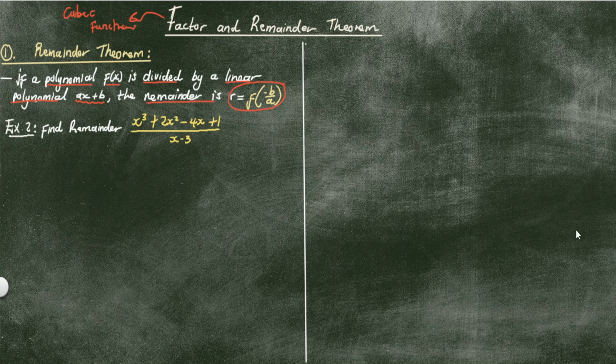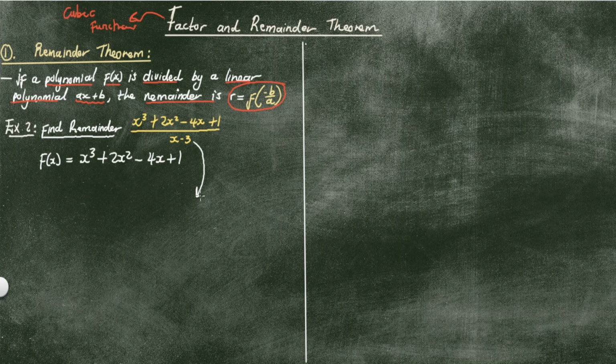Let's grab another example. So I have this example where you find the remainder for this. Alright, so there's f of x being divided by this linear polynomial. Find the remainder. Now I have f of x that is equal to x cubed plus 2x squared minus 4x plus 1.